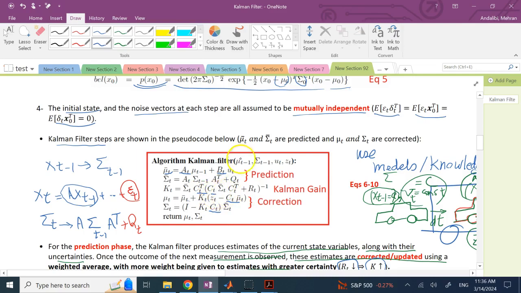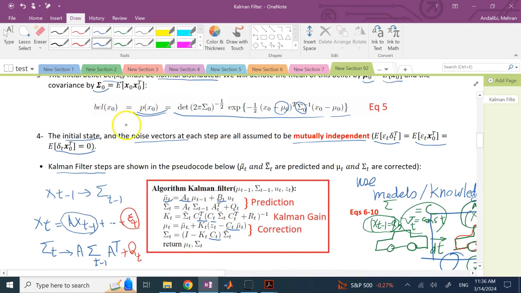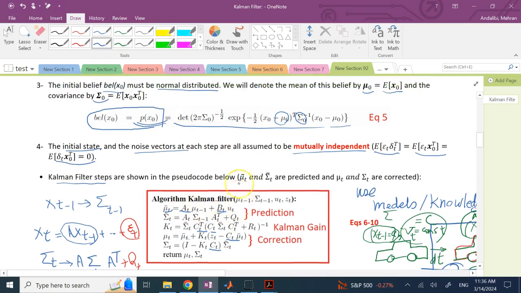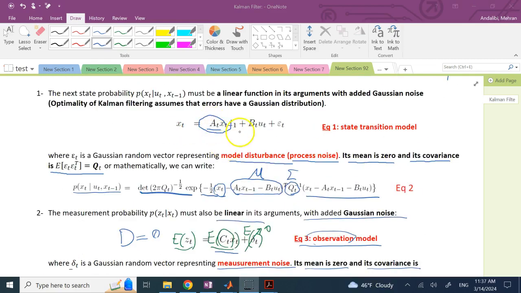You see, it's a linear transformation from a Gaussian probability of initial belief to the next belief, to the next, to the next. And because these relations are linear, these future probabilities of the next state, and the next, and the next, are all going to be Gaussian as well. And all we need is just a linear transformation.